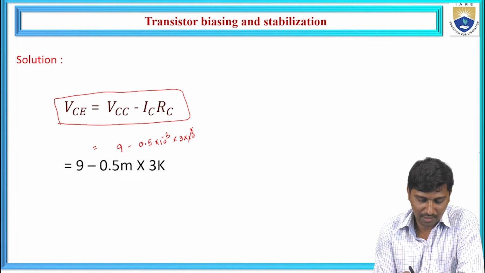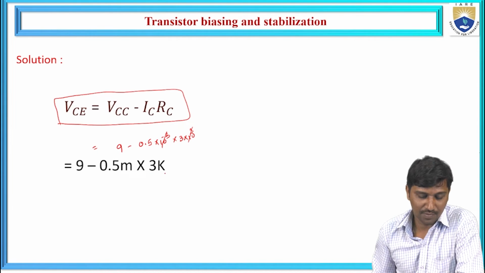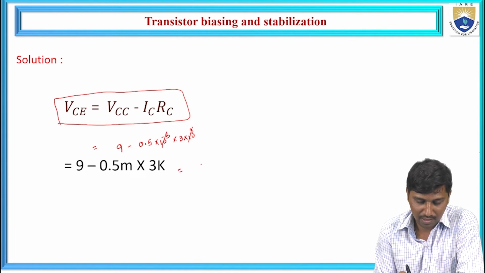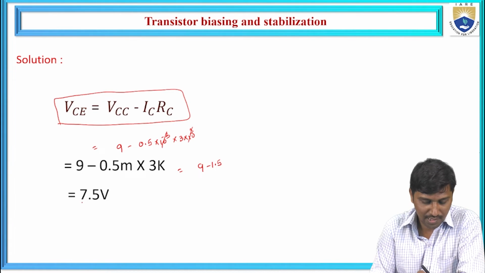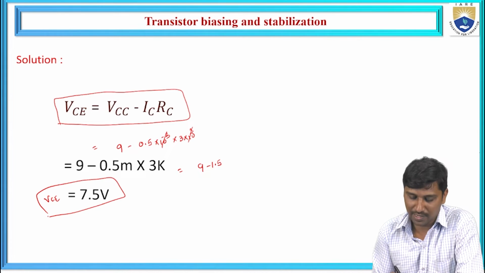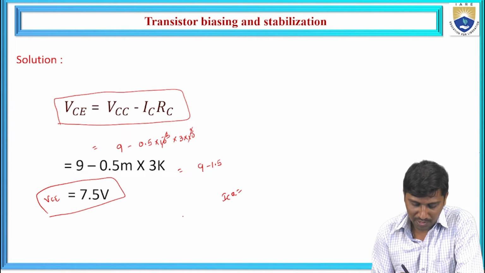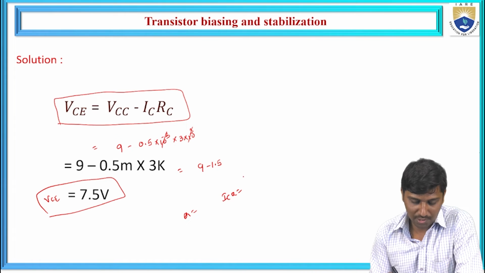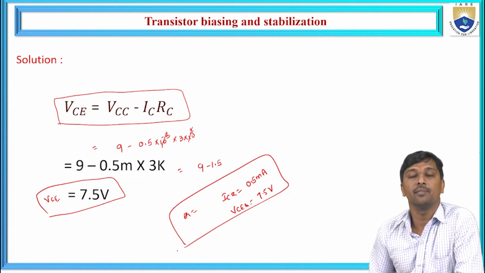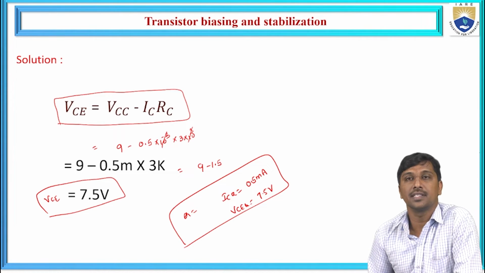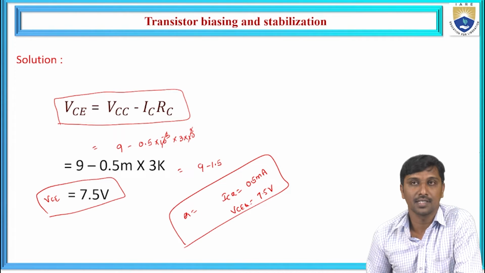So it becomes 9 minus 1.5, hence it is 7.5 volts. So VCE is 7.5 volts. To define the Q point, ICQ is 0.5 milliamperes and VCEQ is 7.5 volts. This is the operating point for the given specifications of the fixed bias transistor.